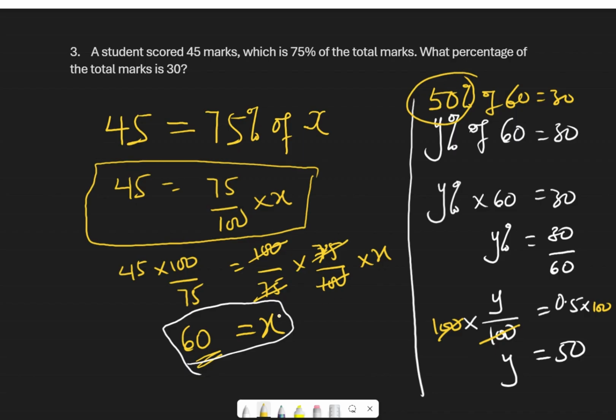The last example. The price of an item increased from 200 Ghana cedis to 260 Ghana cedis. The increase is what percentage of the original price? The increase, the change in the value, is what percentage of the original price? So to solve this, let's identify some parameters.